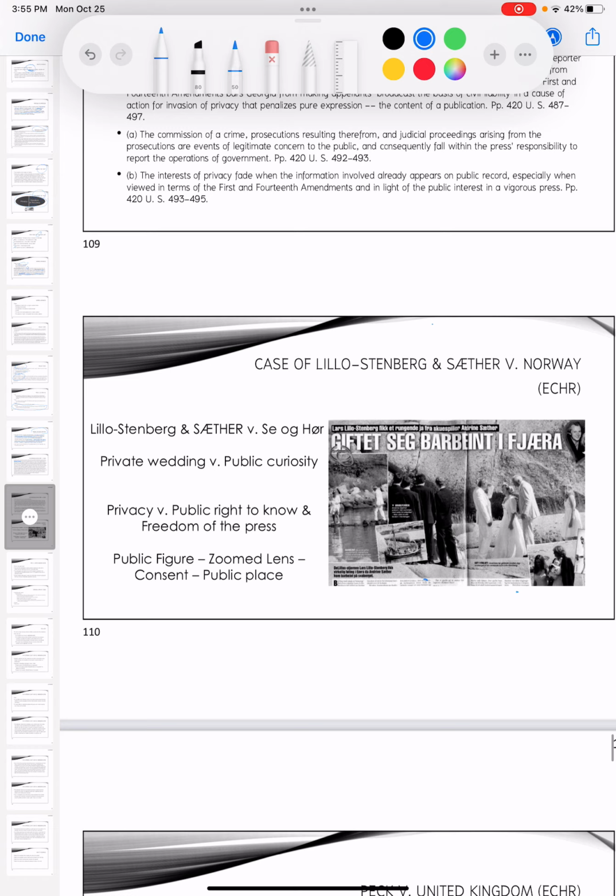The case of Lillestenberg versus Norway would be another example, but I will leave this to one of the groups that I assigned this case to. At least it's a case between celebrities and a magazine. Okay.